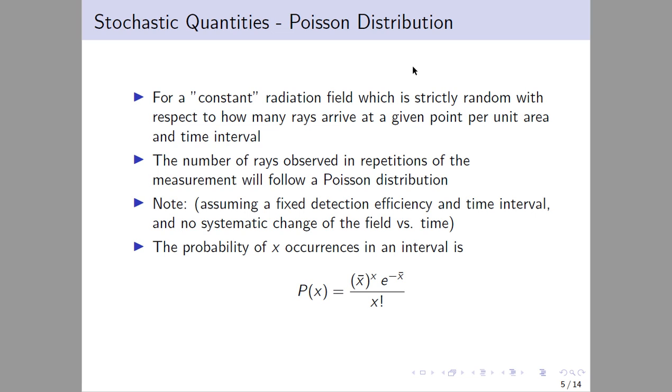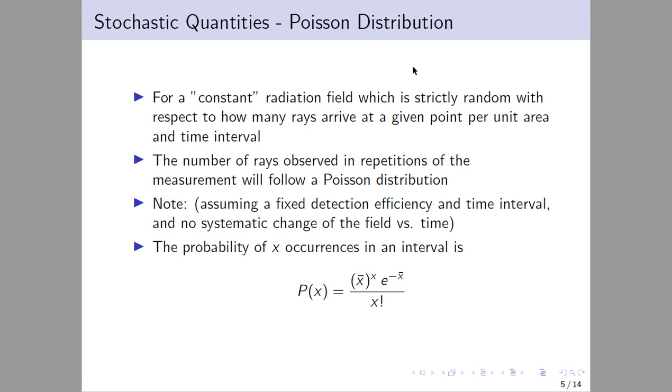For a constant radiation, we can control the radiation with respect to how many rays arrive at a given point per unit area in a time interval. Let's say in 1 hour, 3 particles come, and the next hour, 3 particles come. So we can use the Poisson distribution.